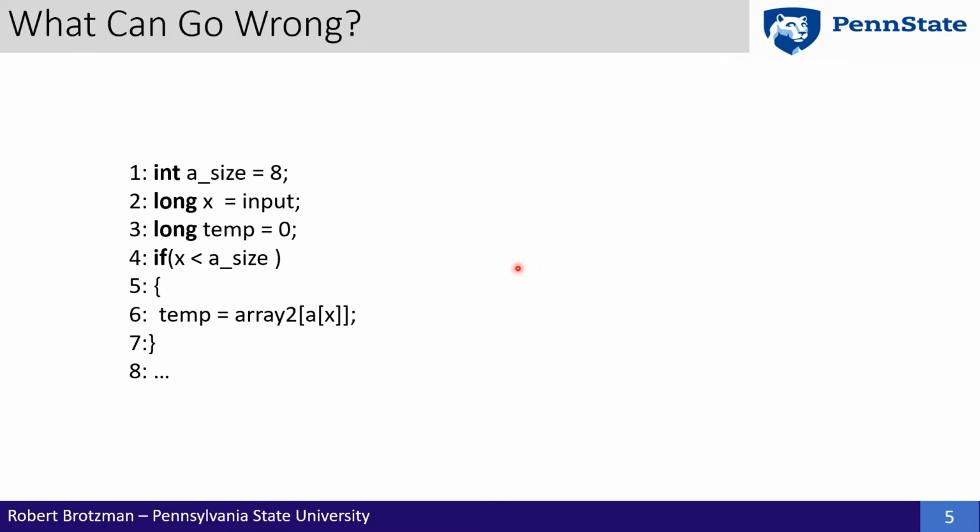So what can go wrong with speculative execution? So here we have a simple example. It's just a program that has a condition here on line 4. And based off that condition, we have two array accesses. We'll access array A and array 2.